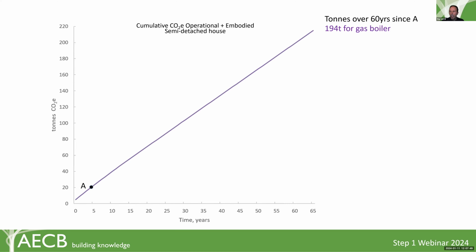And here, you won't see anything yet, but should now see, this is the tons of carbon produced by a semi-detached house. It's the total carbon CO2e, carbon equivalent, operational and embodied. And in this example, it's calculated with PHribbon, which is some software that the AECB uses, for embodied and operational CO2.